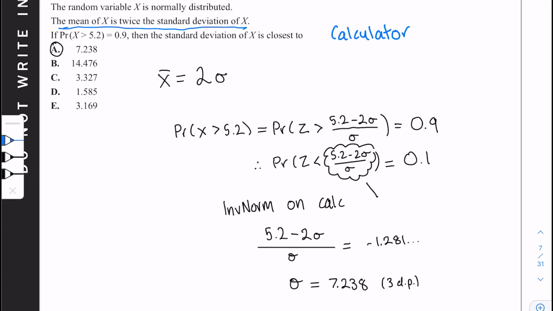We need to find what the probability of z is less than that, because then that gives you an area here, and the area is what you put inside of the calculator when you're calculating the inverse normal.